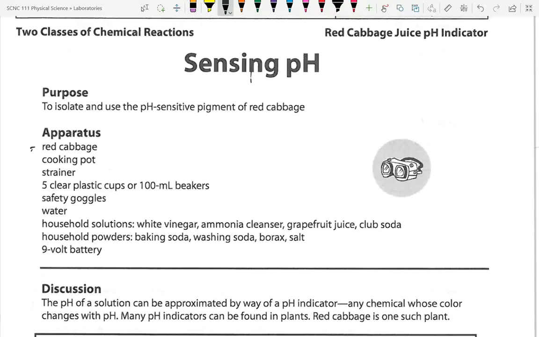Red cabbage, check. Cooking pot. Haven't used the cooking pot because I did this all in my little beaker. You do need to wear glasses. Put them on. Even though right now what I'm doing is purely safe.